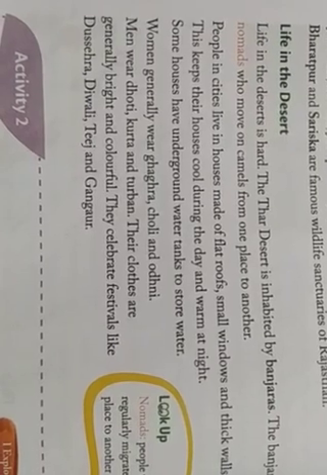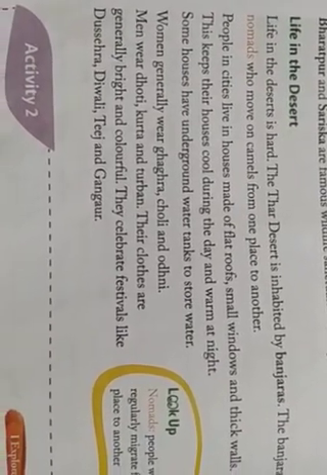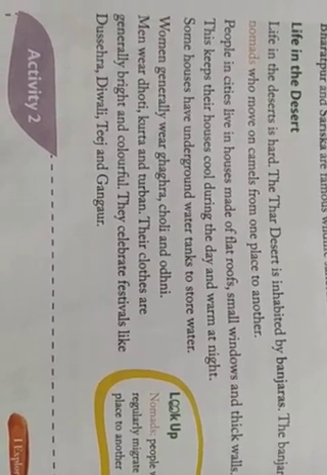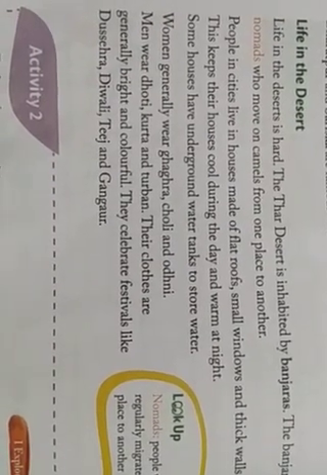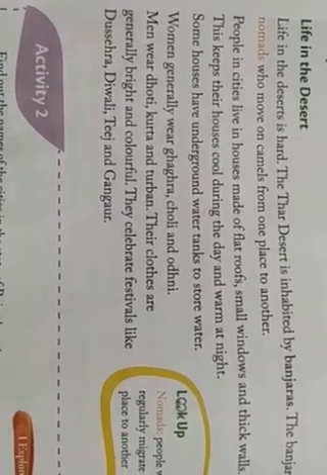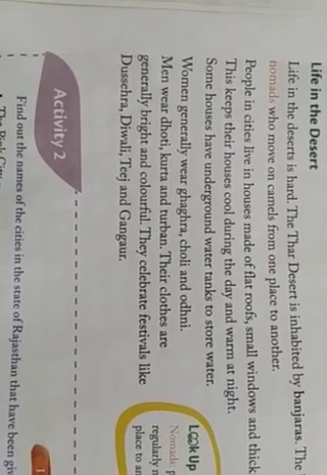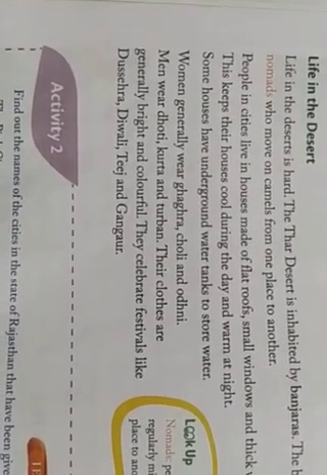Yes, children, the houses in this region are made up of flat roofs, small windows, and thick walls. As a result, their houses are cool during the day and warm at night.